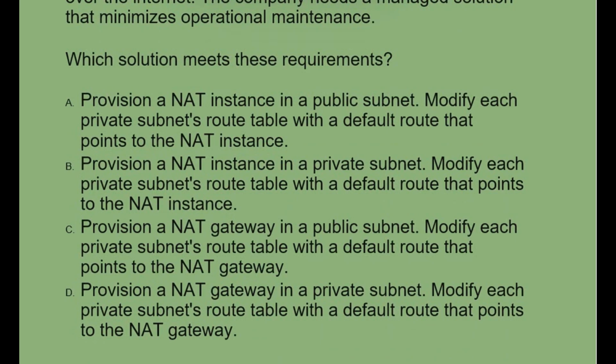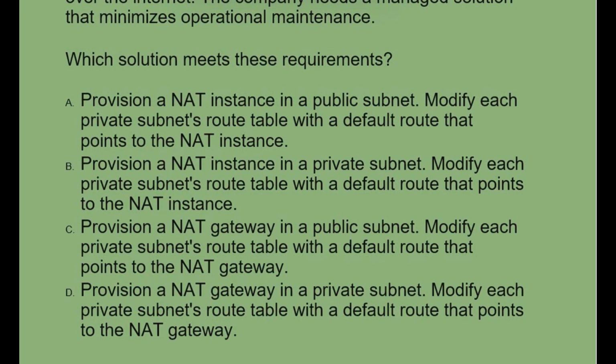Option A. Provision a NAT instance in a public subnet. Modify each private subnet's route table with a default route that points to the NAT instance. Option B. Provision a NAT instance in a private subnet. Modify each private subnet's route table with a default route that points to the NAT instance. Option C. Provision a NAT gateway in a public subnet.